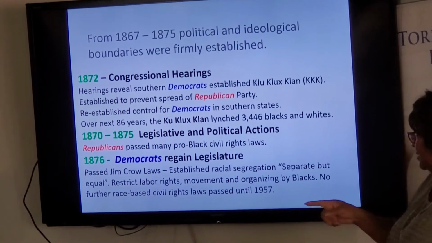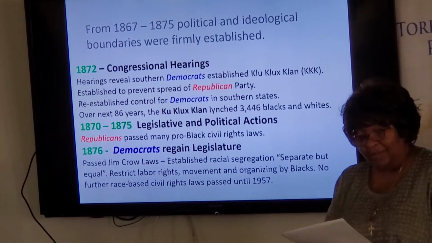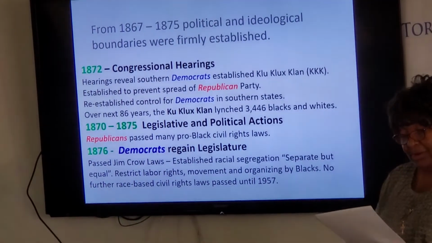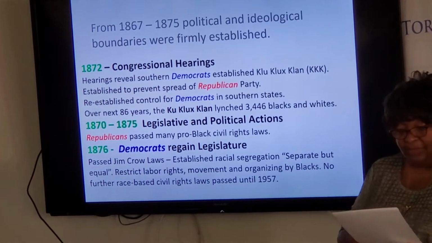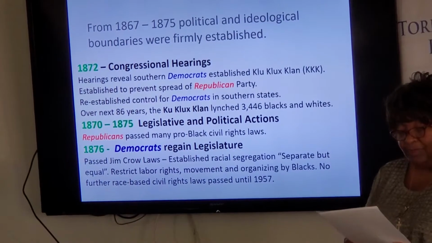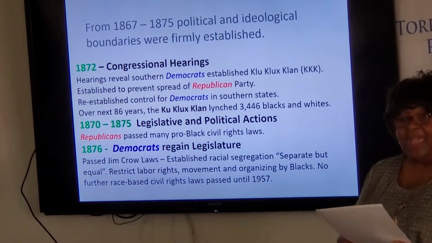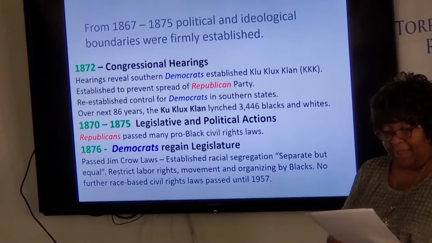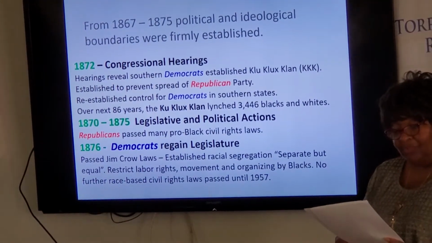Okay. So in 1872, there was a congressional hearing. At this congressional hearing, it was established that the Democrats had established the Ku Klux Klan, to prevent the spread of Republicans and also against blacks, okay? From 1870 to 1875, legislation and political actions were done.